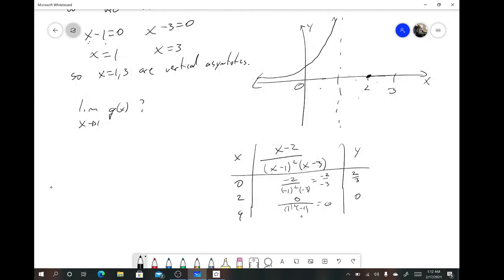And finally, for 4, we have 4 minus 2 is 2 on top, 4 minus 1 is 3, and 4 minus 3 is 1, so it's positive as well. I don't even care what it is for the most part.